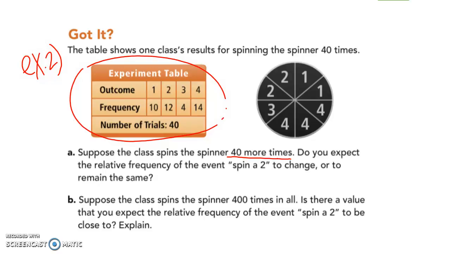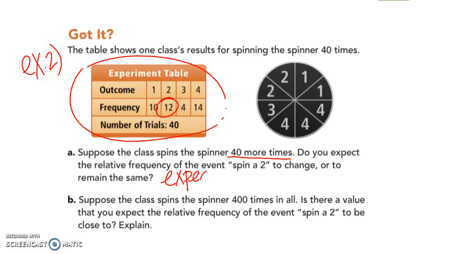So the first time I got 12 out of the 40 times to be a 2. If I spun it 40 more times, do I think I would get exactly 12 2s? And I would probably say no. I would expect it to probably change.